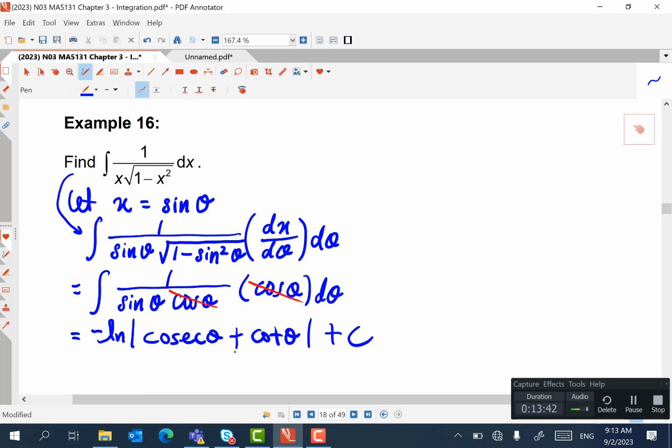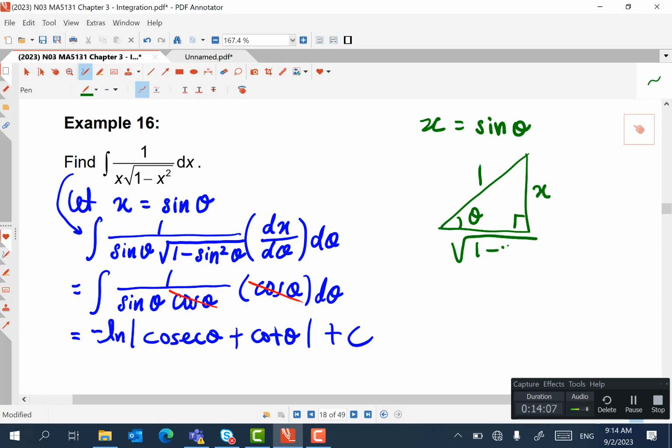But it can't stop here. Remember I told you before, it must be replaced back. So if your x is equal to sine theta, then this is 1 minus x squared.